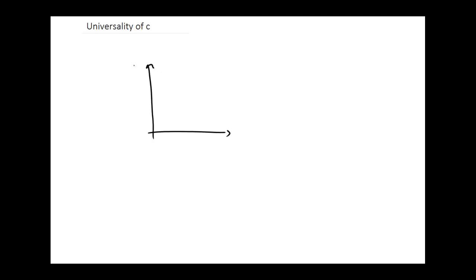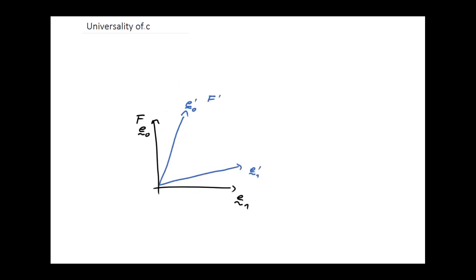Here's the unprimed frame. This is the primed frame. Now a light ray in the unprimed frame has a world line. It's a straight line, and the light is traveling at the velocity of light, of course.